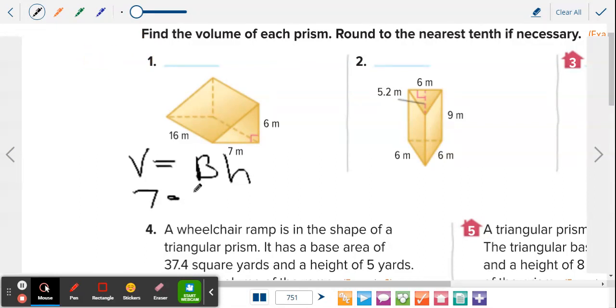The height of the triangle is 6. So that's the area of the base part. Now we multiply that by the height of the prism. So how tall is this? 16. So go ahead and do 7 times 6, divide that by 2, and then multiply that by 16. And raise your hand once you have it all.